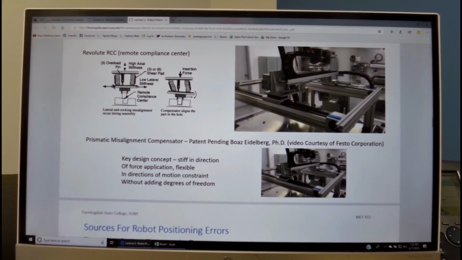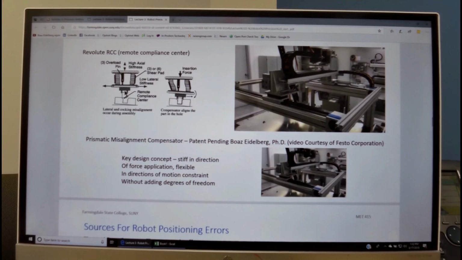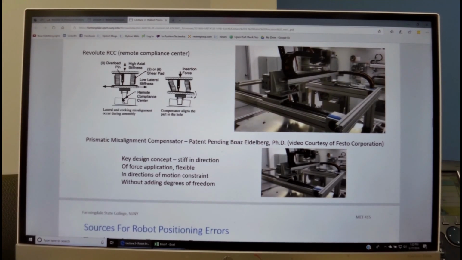We could use a device such as a remote compliance center, which is added to the end of arm tool, and then when we, for example, require the robot to insert a pin or a peg in a hole, then that compliance center is going to give in the cross direction and allow the pin to slide nicely with the axial force into the hole.